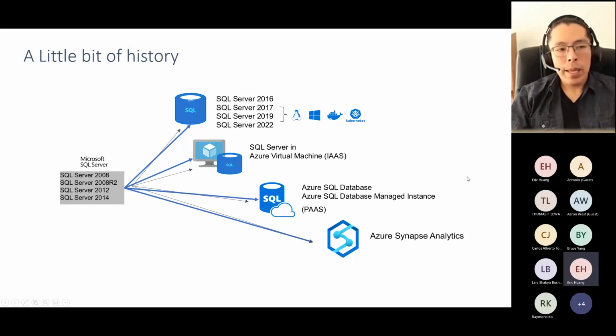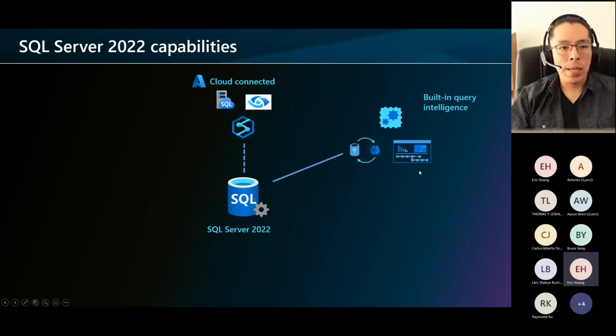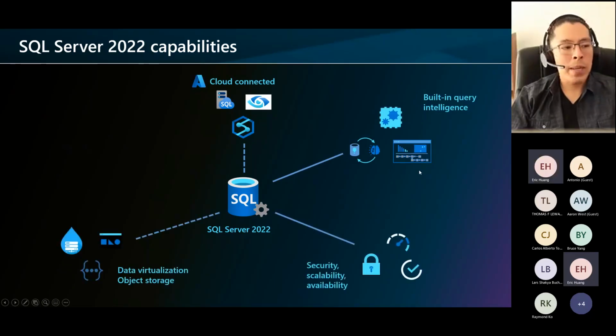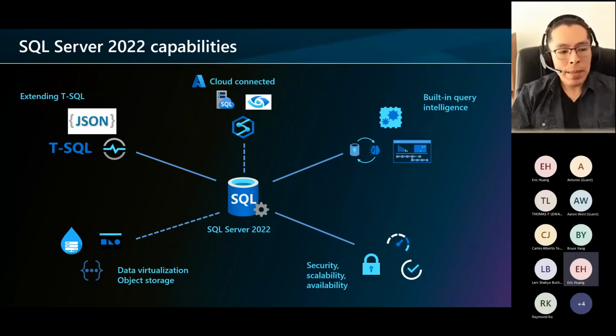Okay, so at Build a couple of weeks ago, when Microsoft announced SQL Server 2022, this slide was presented. You can see here, of course, we still have some improvements about the engine, the built-in query intelligence, more security, more scalability, availability, etc. But we have something very interesting here because SQL Server is moving toward the concept of working with Azure a little bit closer.